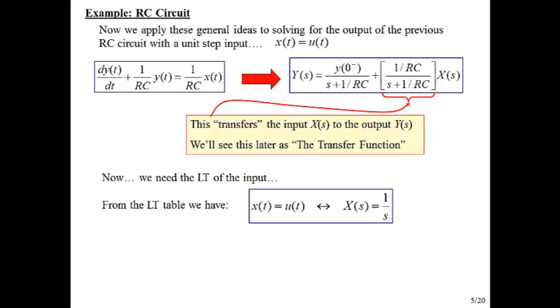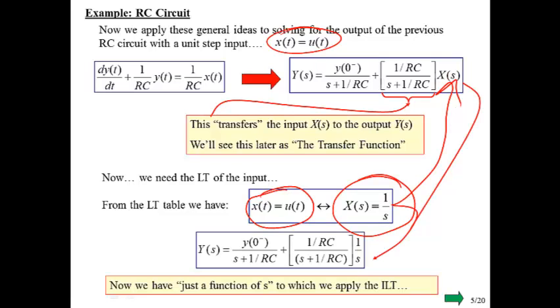So now for this particular example, we've been told that the input is a unit step, and you should know how this RC circuit behaves in the presence of that input, but it's always good doing an example where you kind of know what the answer is going to look like. So we look at our Laplace transform table, and we find that a unit step transforms into 1 over s, and so now that's going to go in up here.